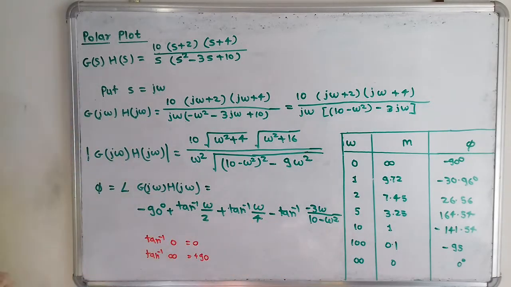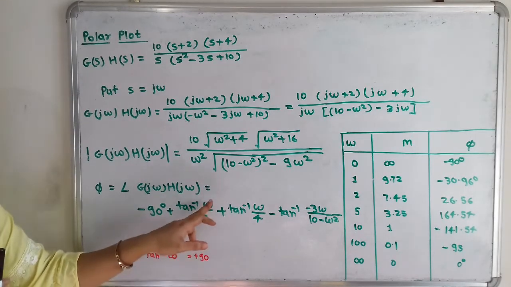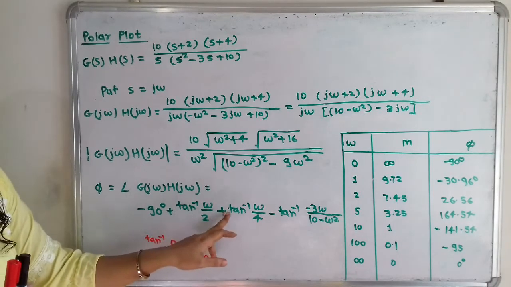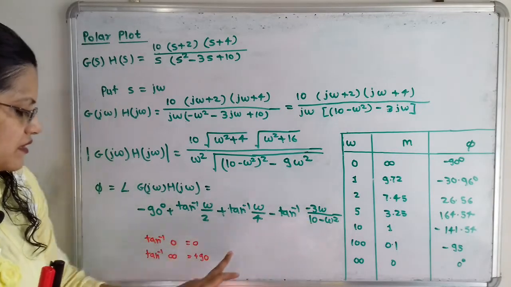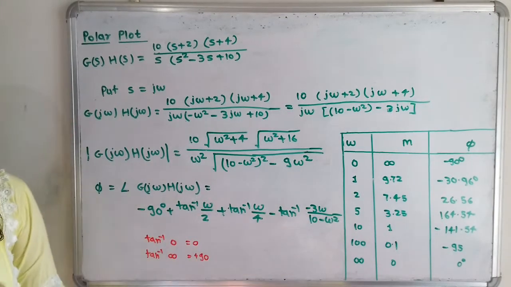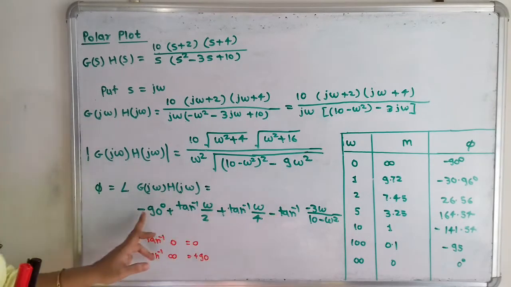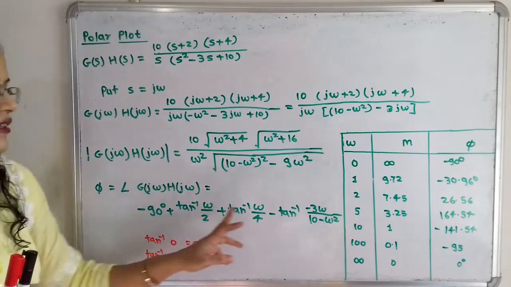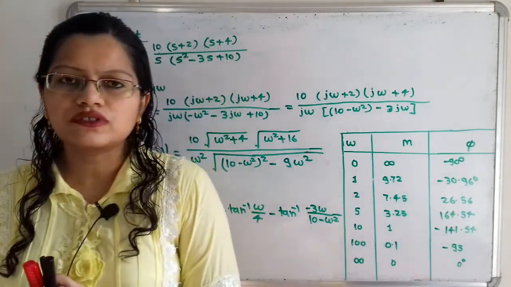What about the angle? Minus 90 degree plus tan inverse of infinity by 2, that is plus 90. Here also plus 90, but minus tan inverse of infinity, that is minus 90. So there are two minus 90 degrees and two plus 90 degrees. All get cancelled, and the phase angle phi is 0 degree.